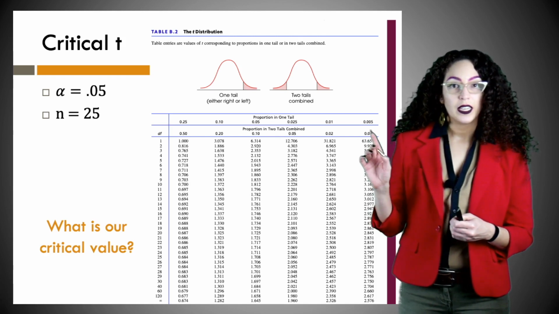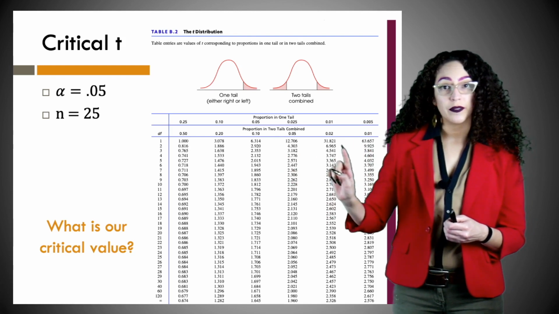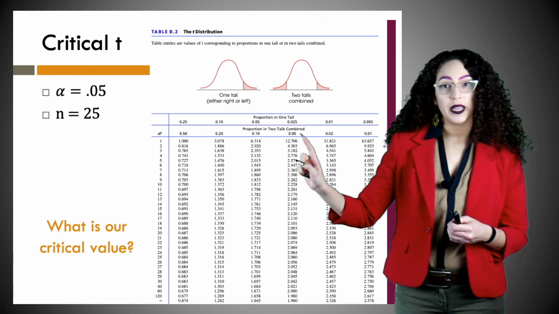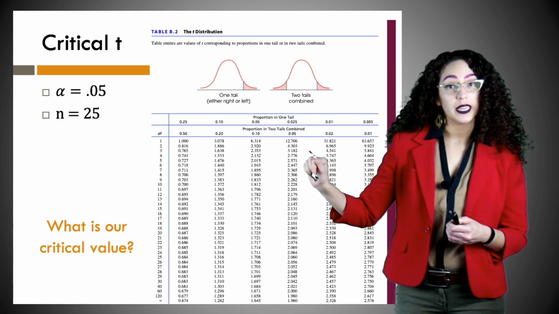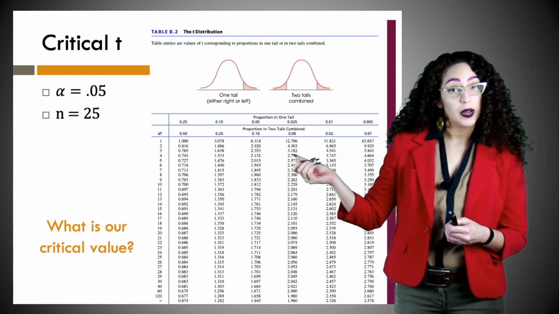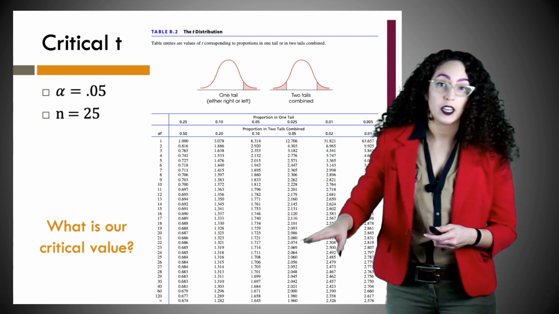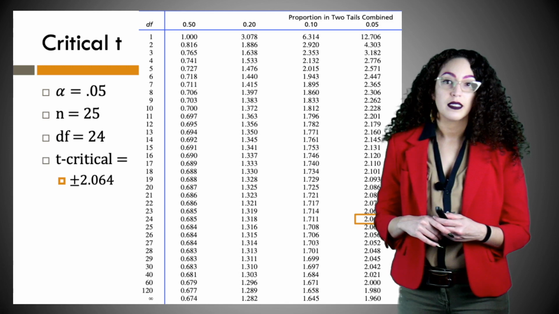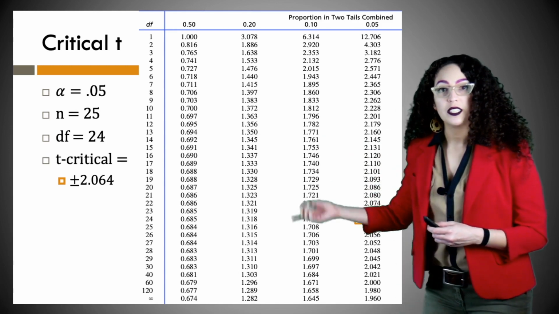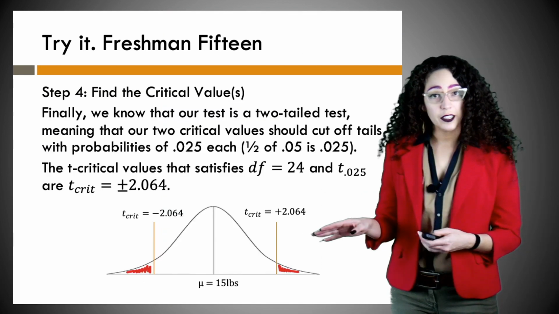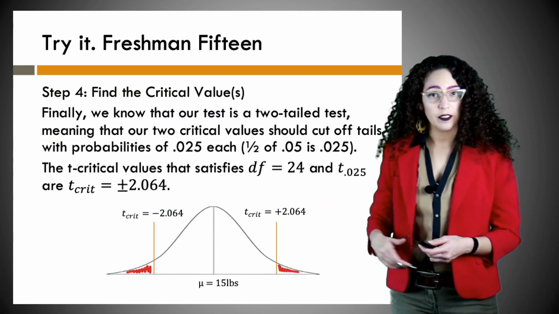So we'll be looking here, and we're testing at 0.05, so we'll be looking right here. And we have 25 people in our study, but we have to subtract 1, the n minus 1, to get our degrees of freedom, so we will look for 24 over here, and we end up with a critical value of plus or minus 2.064. And here are the critical values on our lovely curve.